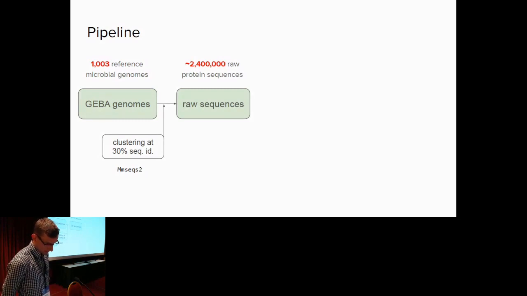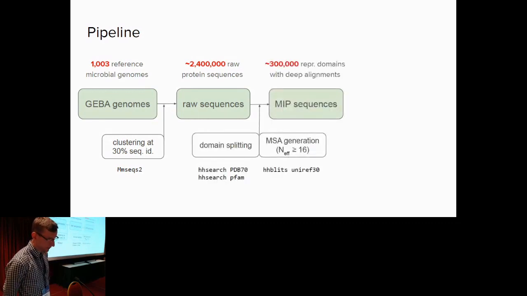As a result, we got roughly 2.4 million raw protein sequences. Then we split them into domains and generated multiple sequence alignments. For the processing, we used only those sequences with deep enough MSA, which resulted in roughly 300,000 representative domains.